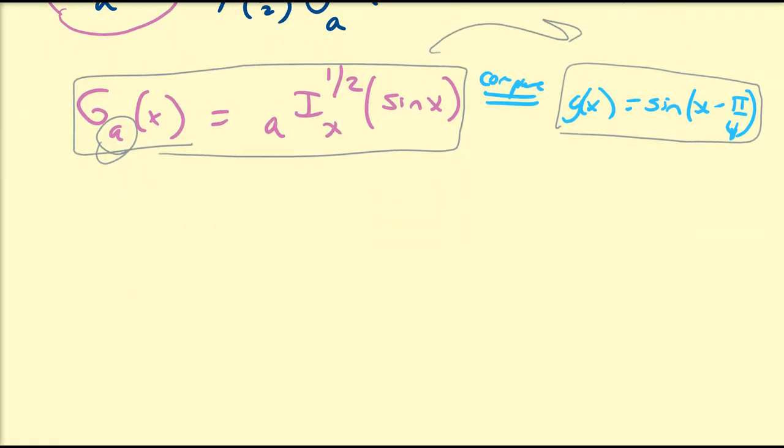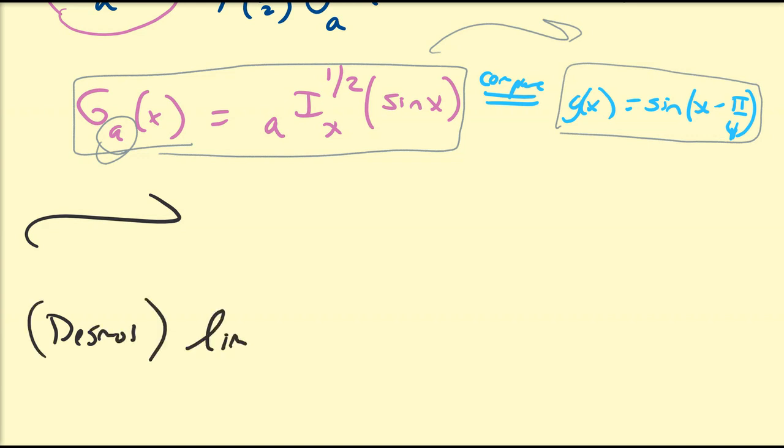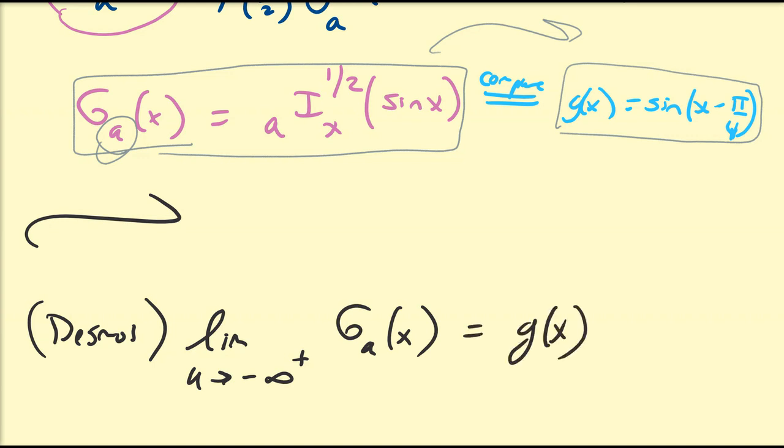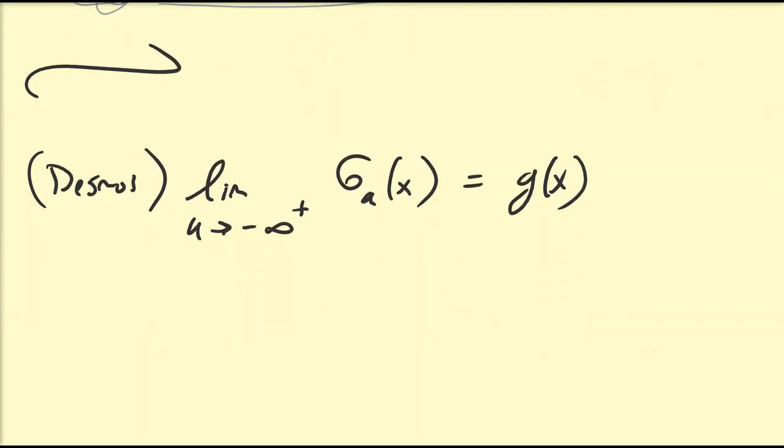So we've at least numerically showed, at least in Desmos, that as a tends to negative infinity from the right-hand side, this function capital G sub a of x actually converges to our function that makes sense.